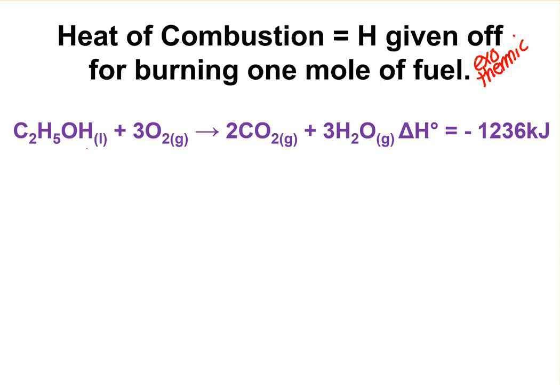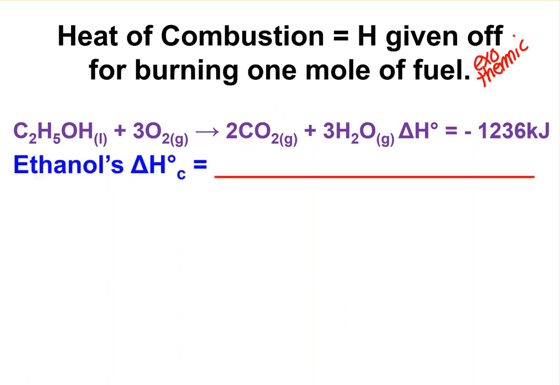Of course, you should recognize that this is combustion because I'm adding oxygen and I'm getting these two products. We've learned that before, that that's what combustion looks like. It is exothermic for sure, but on a table you may see it listed as a positive number. So just be aware that it is assumed to be the amount released. And that's not consistent. Some books will list it as a negative number. So just know that it is that.